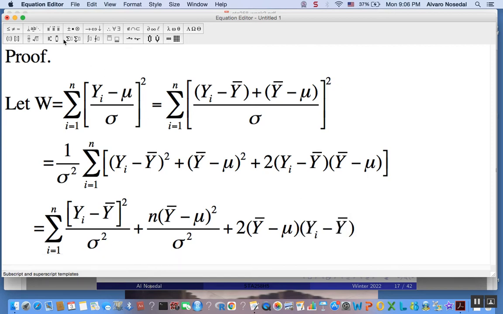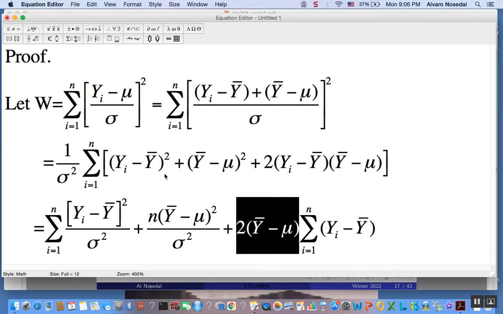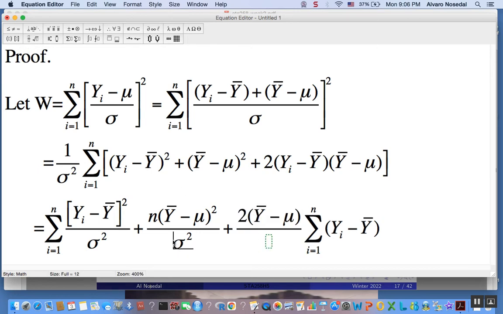Now what I need is a summation, i goes from 1 to n of that guy, and then we are dividing this by sigma squared. That's a common factor.